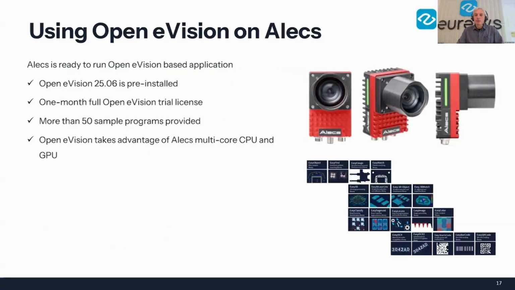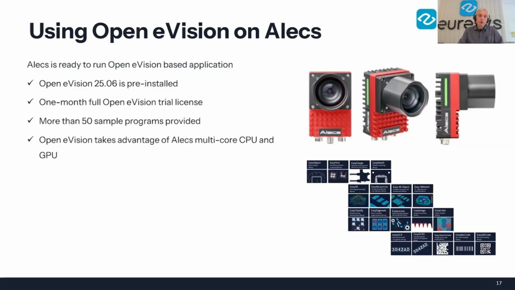But there is more, and that's why I think it's really interesting, is that Alex is ready to run Open eVision out of the box, because Open eVision 25.6 is pre-installed on Alex. So you get the libraries already installed on Alex. And there is a trial license that is also installed on the Alex smart device.